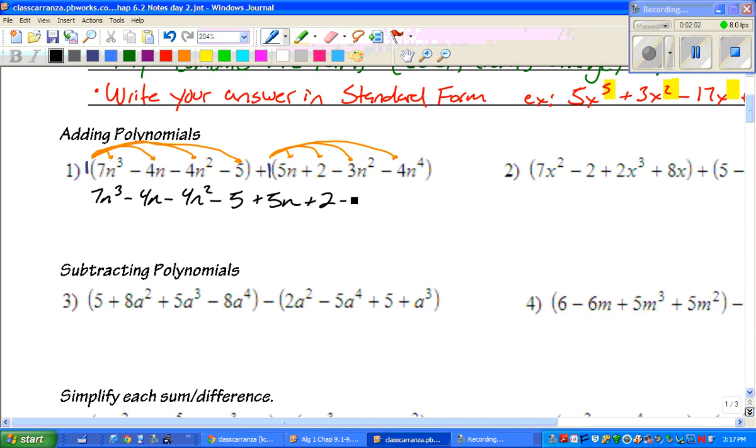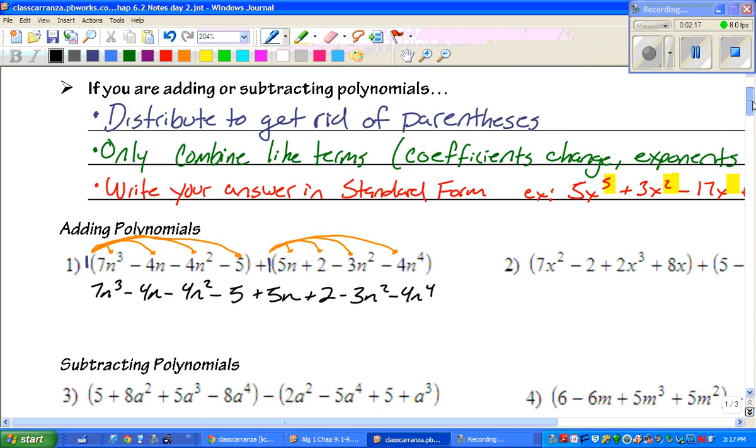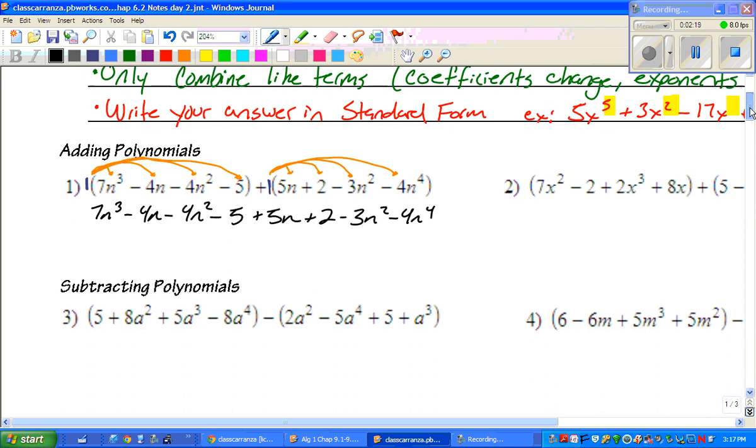So I'm just rewriting everything. Okay. So we got rid of the parentheses. Sweet. What next? Well, we have to combine like terms.